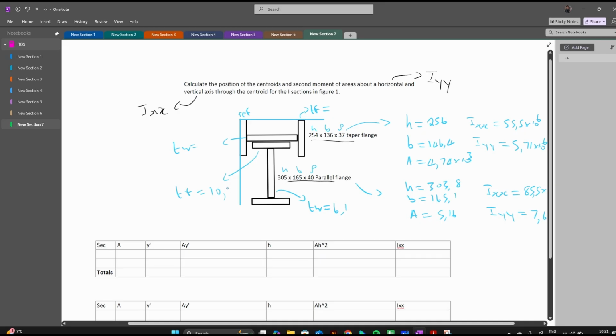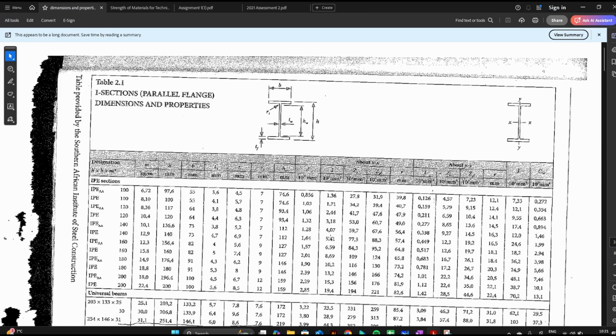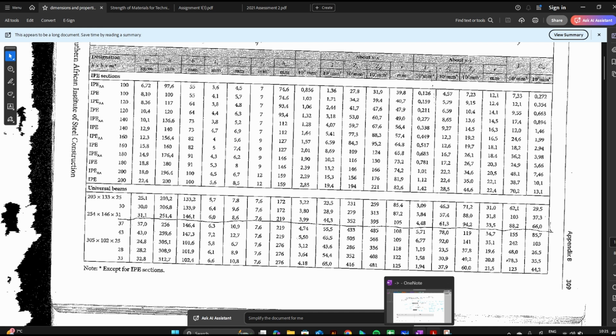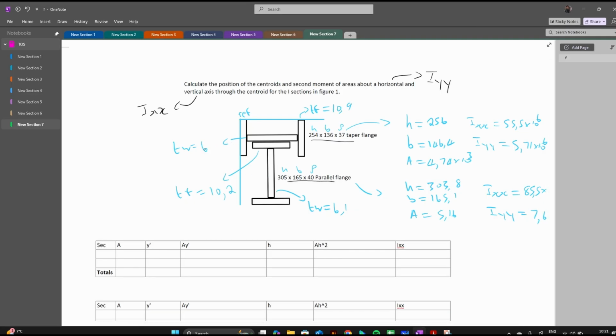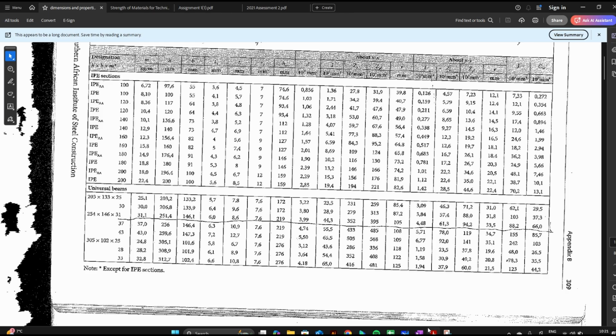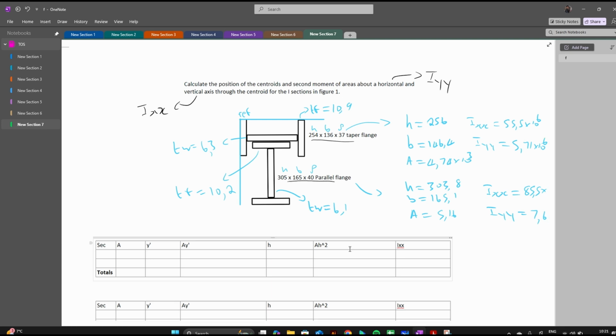Then for this one, our TW is 6.3 and our TF is 10.9. Always confirm that you are looking at the correct values, because if you're looking at the wrong ones, your calculations are going to be wrong.